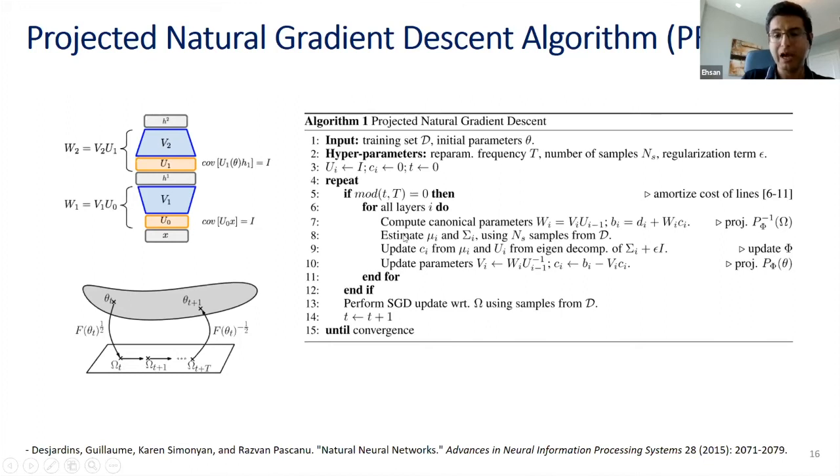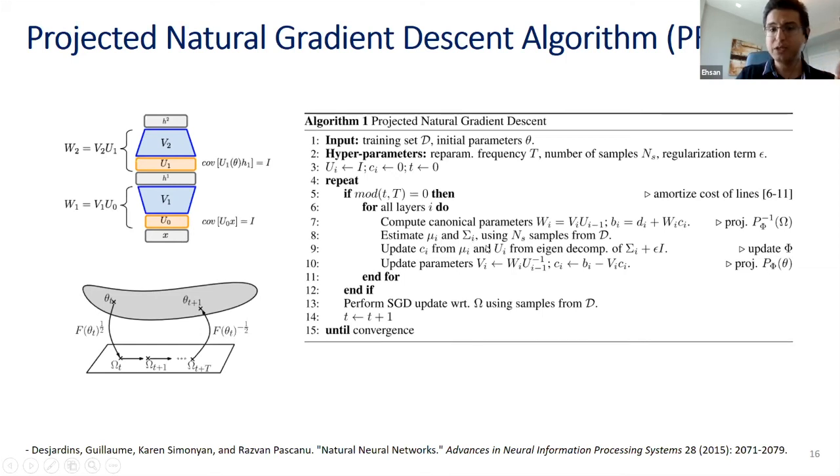After estimating this W, we're going to estimate the mu and sigma based on the mini batch statistics, because now we have this W, and then we can calculate this H, and come up with the mini batch mean and covariance.